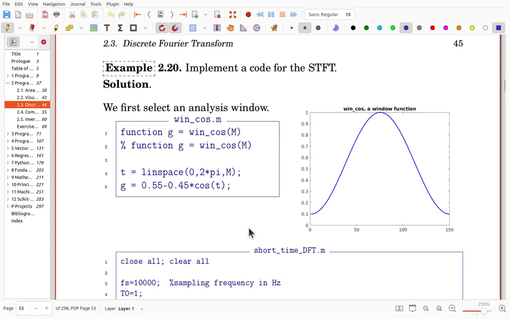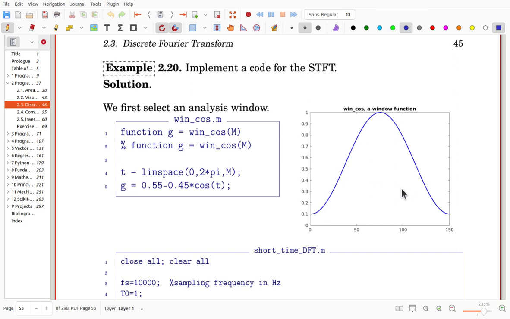The STFT is easy to implement. Of course, MathTalent and Octave have the built-in function, but we'll try to implement it in detail here. First, we have to select an analysis window. I chose such a window when m is 150.